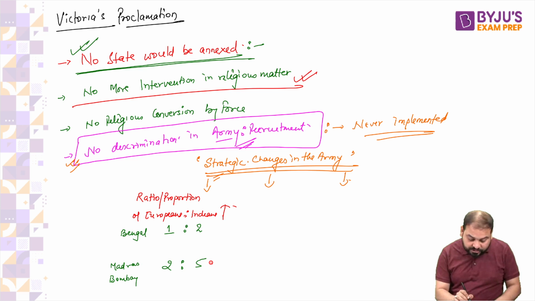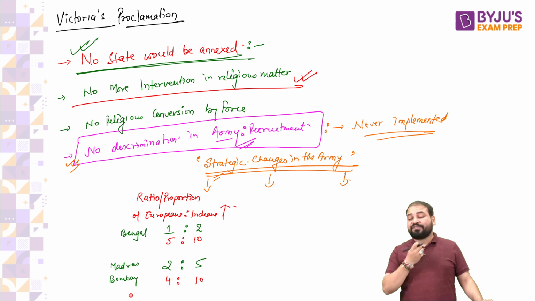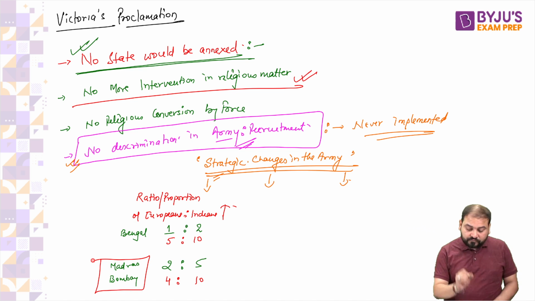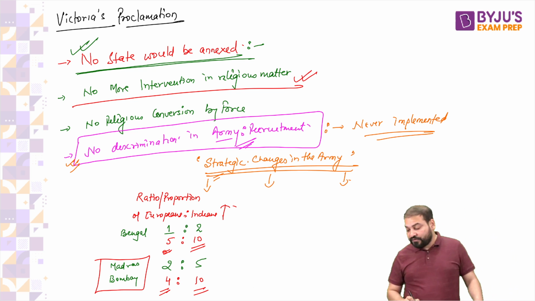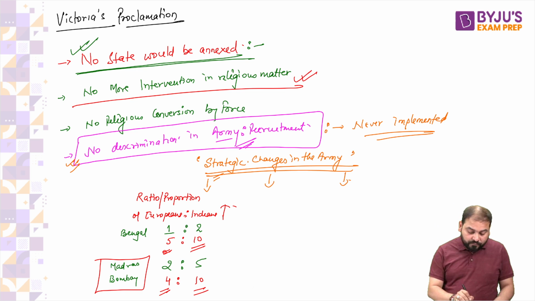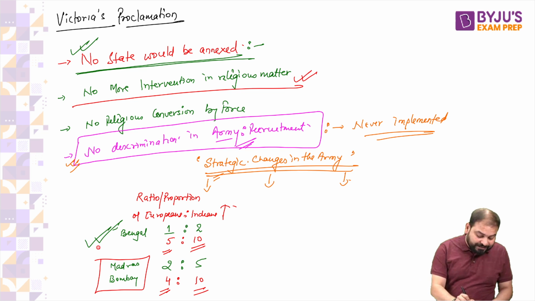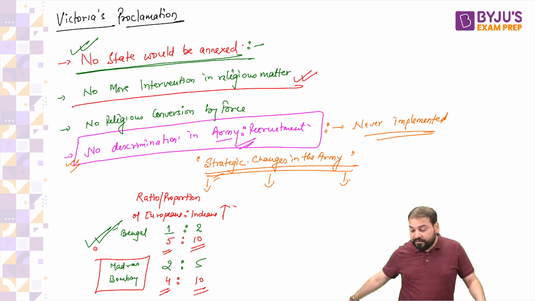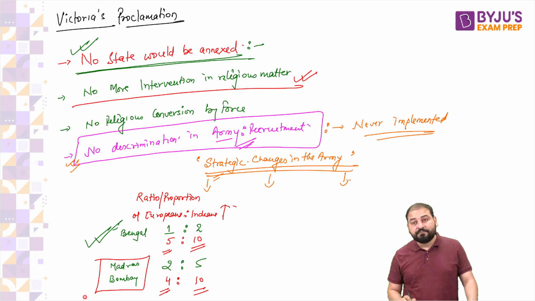Change it into similar numbers: 5 is to 10, 4 is to 10. It means in South India, for every 10 Indian soldiers, there will be 4 Europeans. In North India, for every 10 Indian soldiers, there will be 5 Europeans. The number of European soldiers was increased in the Bengal army.